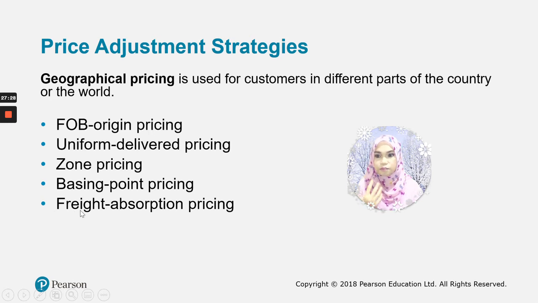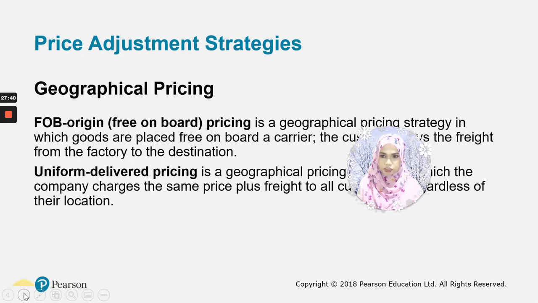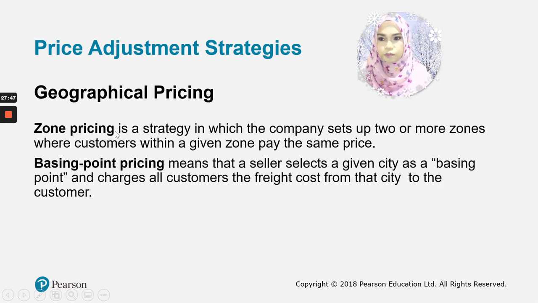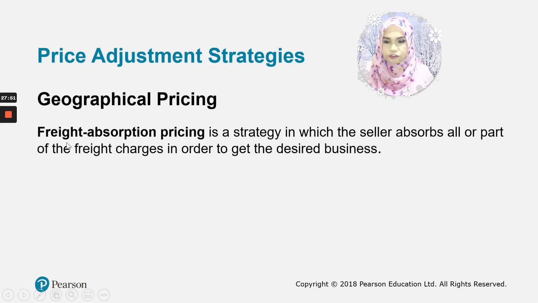Sometimes you see free delivery if you order a minimum of 30 ringgit. That is where the cost of delivering to you has already been absorbed into the price of the total products that you have bought. So this is what it means: free on board, uniform, zoning pricing and basing point pricing, and lastly the freight absorption.